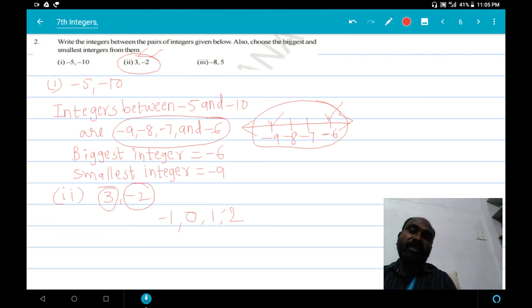So between the pair of integers, -2 is not included here. So we write -1, 0, 1 and 2. This is the sequence on the number line.